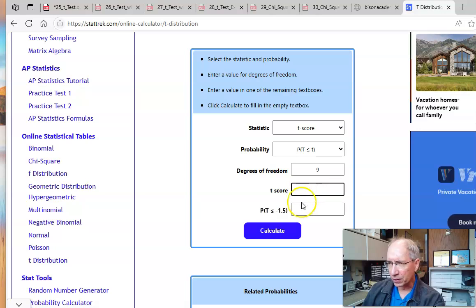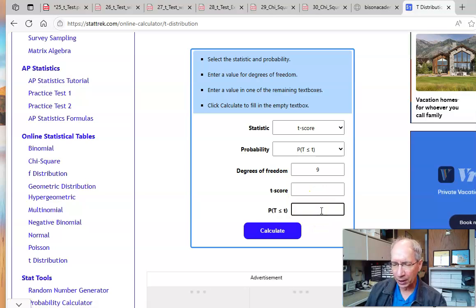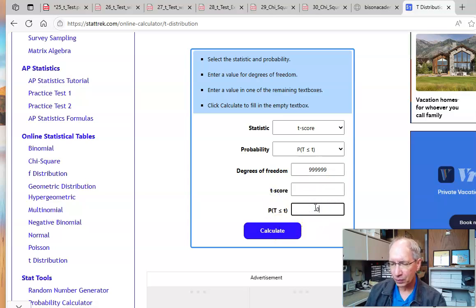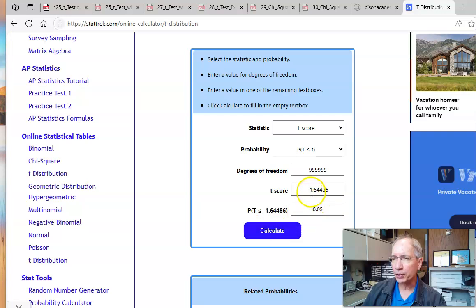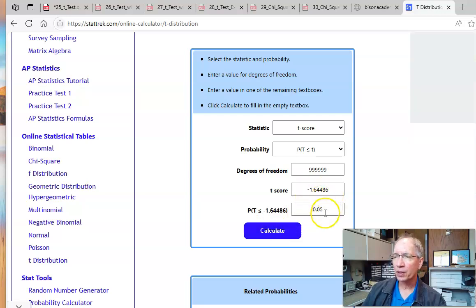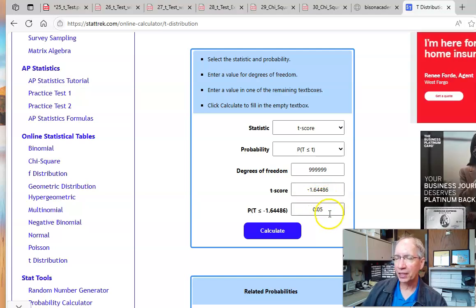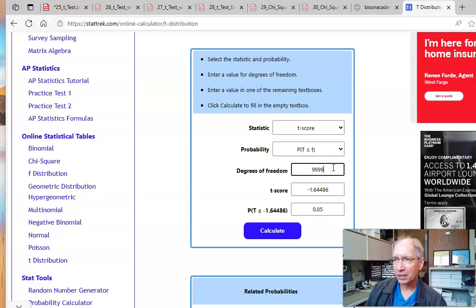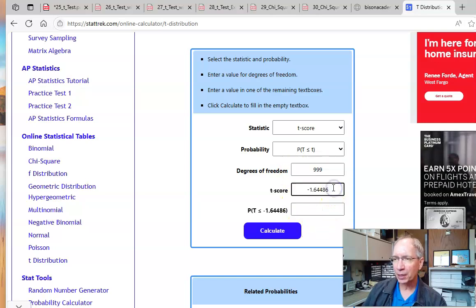I can also go the other way around. If I want to have the probability being 5%, here's the area of the tail. And again, as sample size goes to infinity, this converges to a normal distribution. That's the number we saw before. 5% tails has a z-score of 1.64486. The t-score is a little bit different as the sample size gets smaller. So here's a sample size of 1,000.